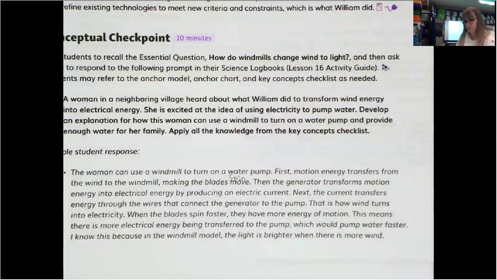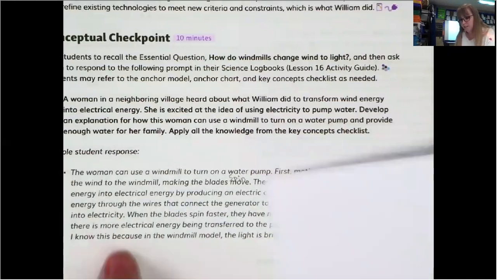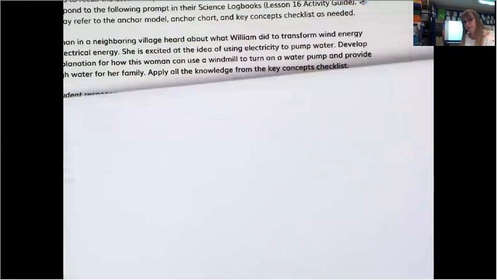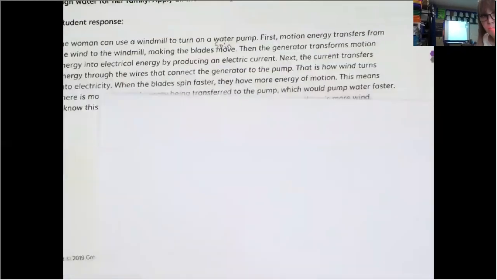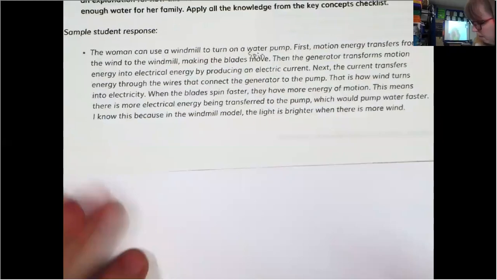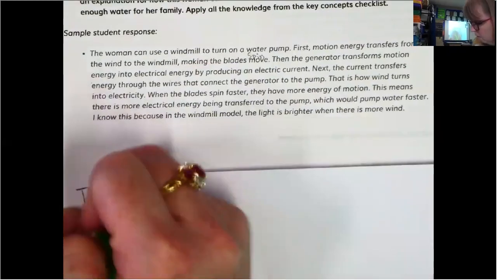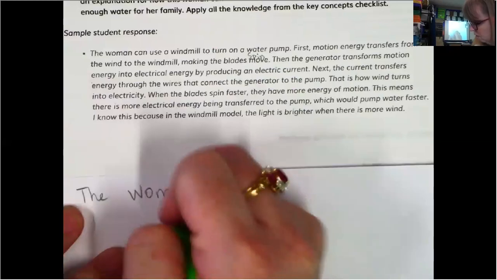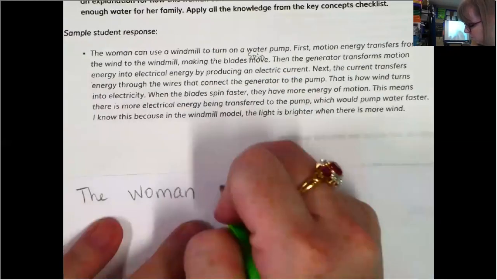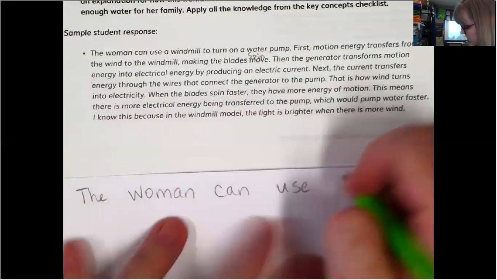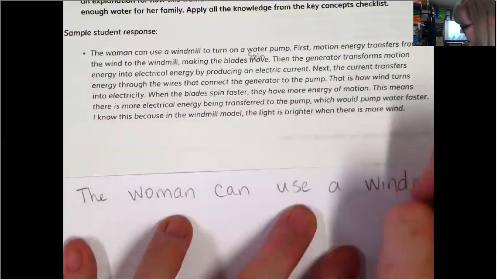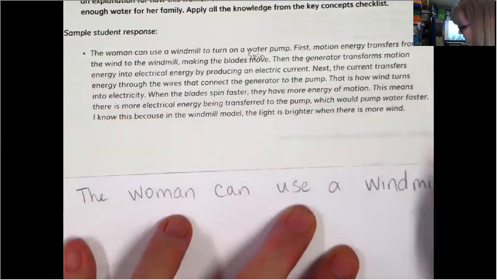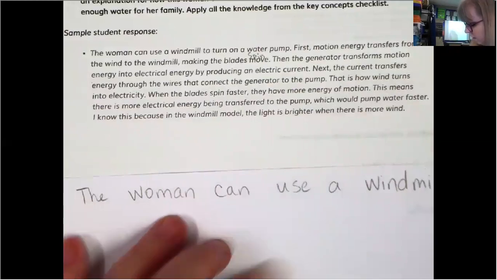Okay? So another answer you could give for this that would also score a 5 out of 5 is, I'm trying to get this moved up here. The woman can use a windmill to turn on a water pump.